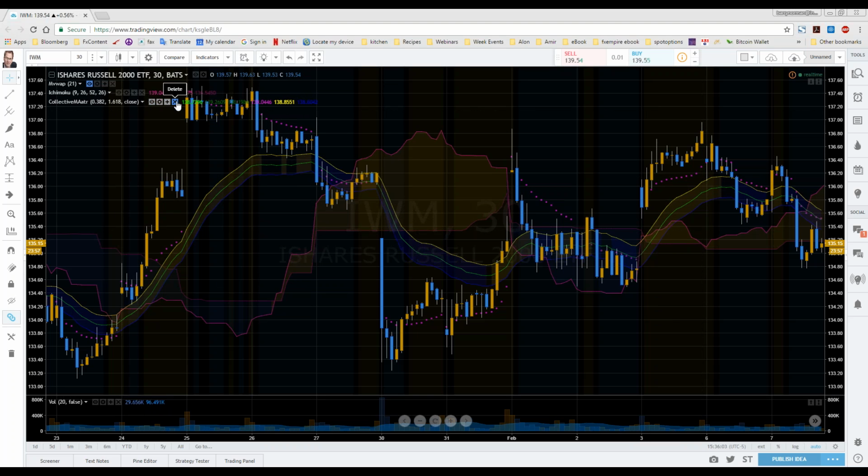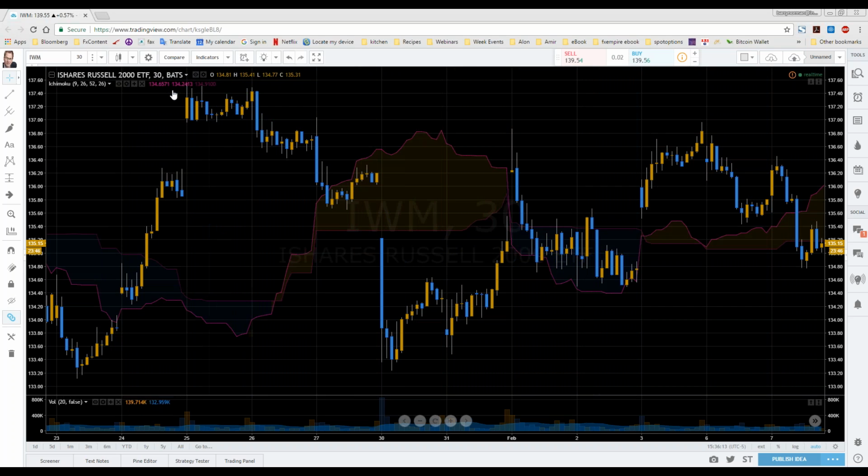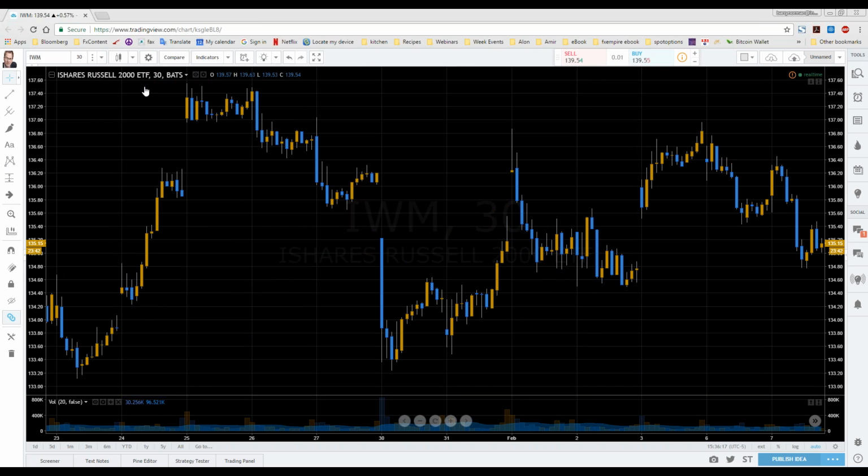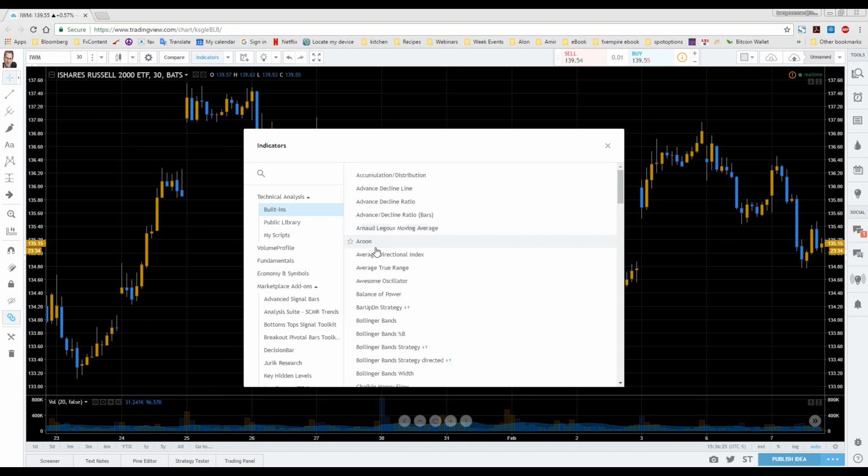So I'm going to go delete my VWAP from here. So now we have simply price action using candlesticks. We would go up here to our indicator and scroll down to VWAP.